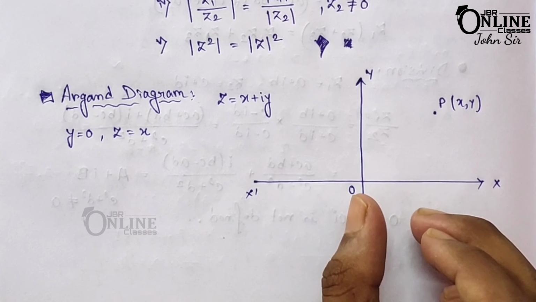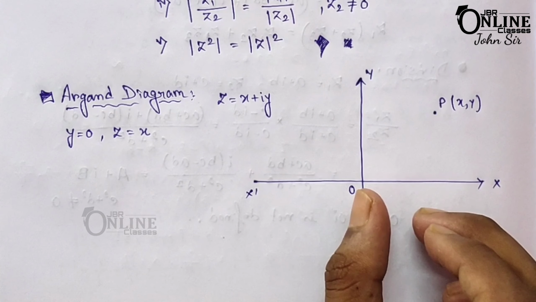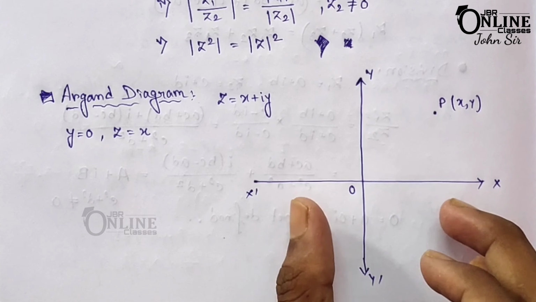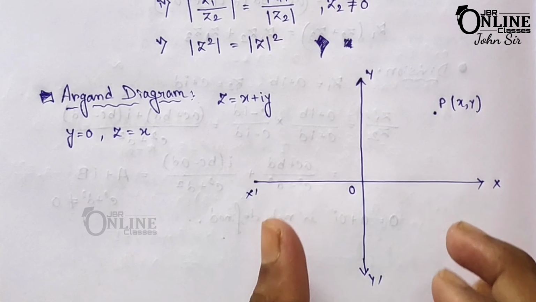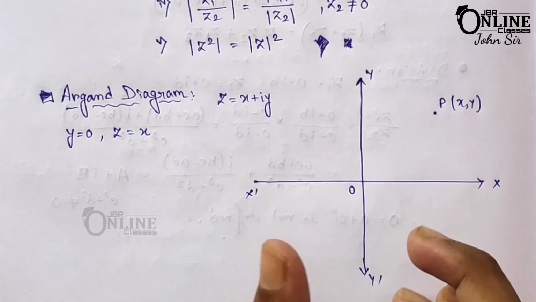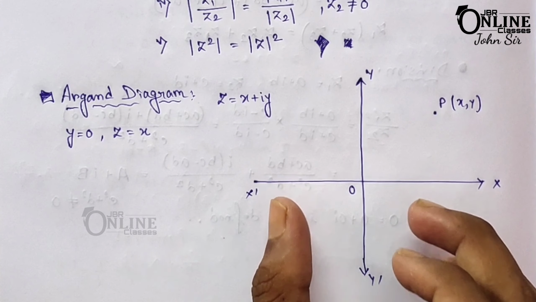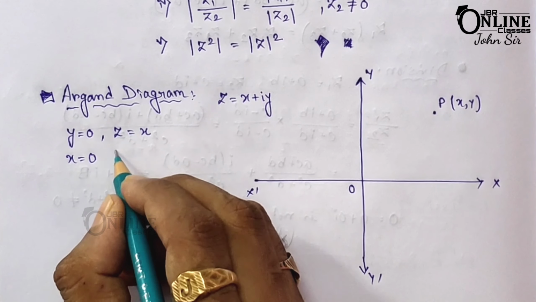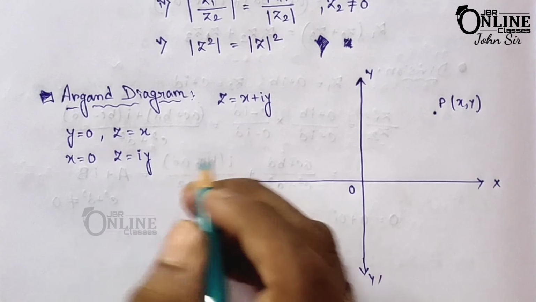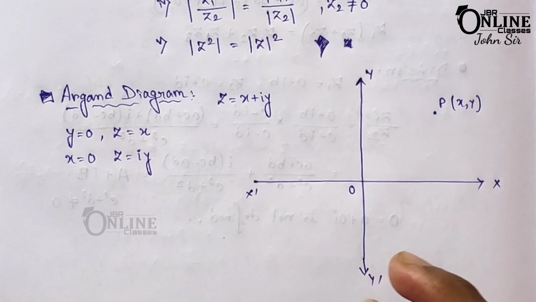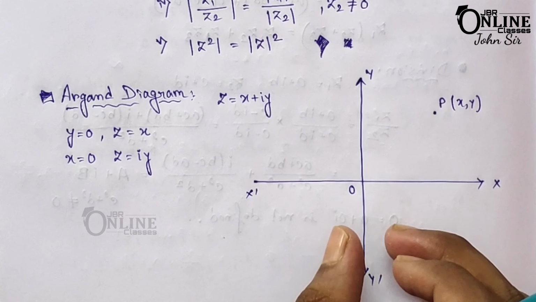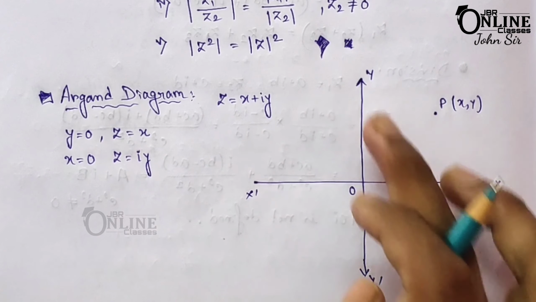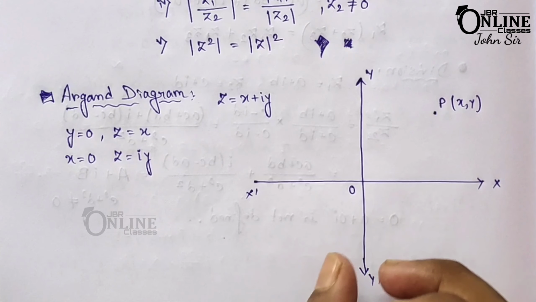Thus all real numbers x correspond to points on the x axis, that means XOX dash. So XOX dash is called the real axis. Similarly, if x equal to 0, then z equal to iy, that means YOY dash is called the imaginary axis.